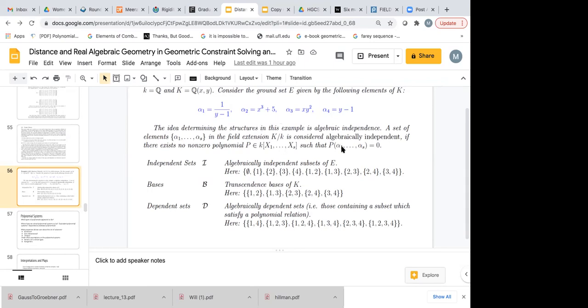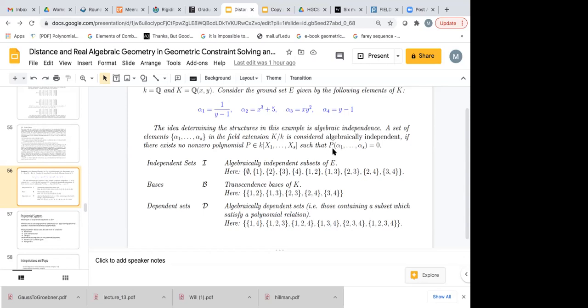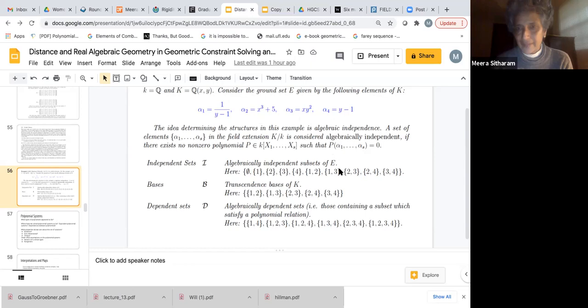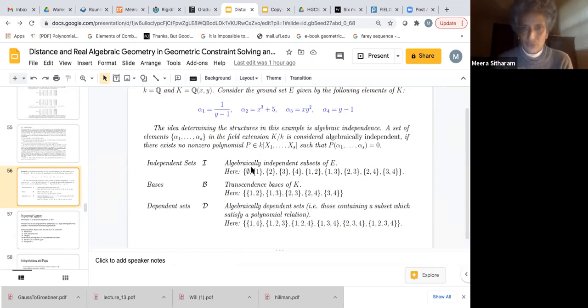These are algebraically independent if there's no polynomial of these that is equal to 0. So P is in this extension where K is Q, right? So K would be the rationals, with rational coefficients.